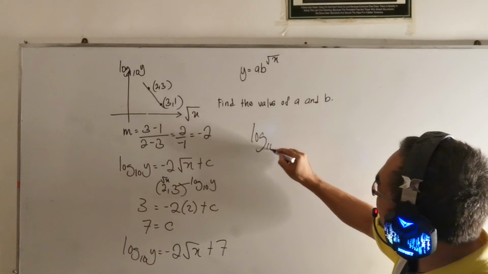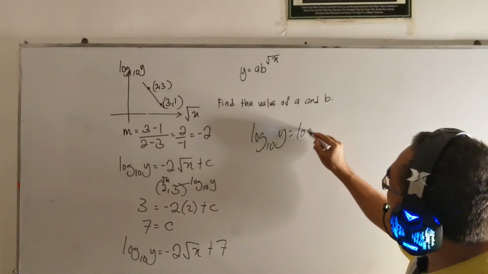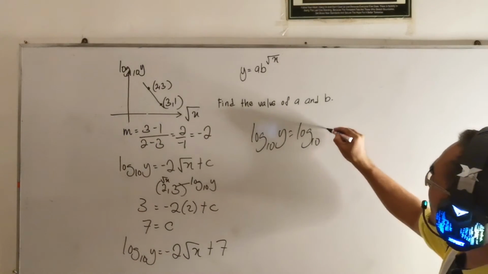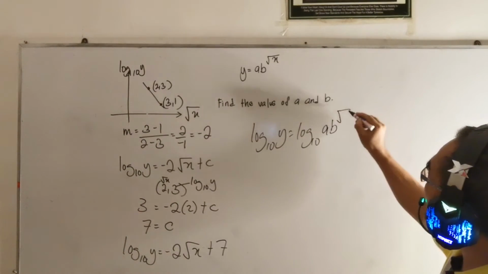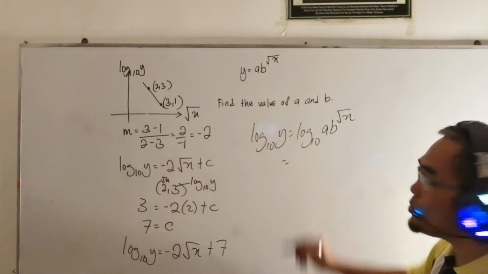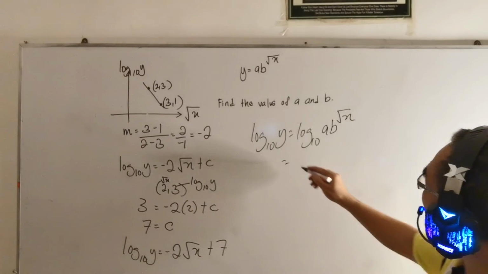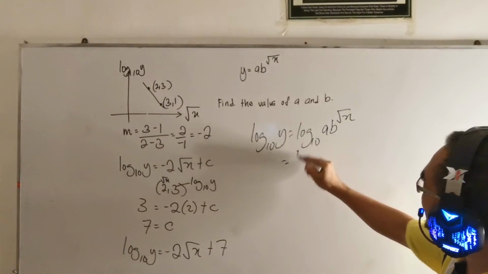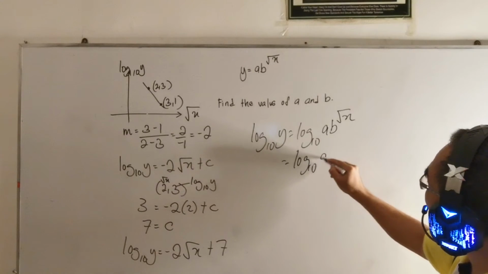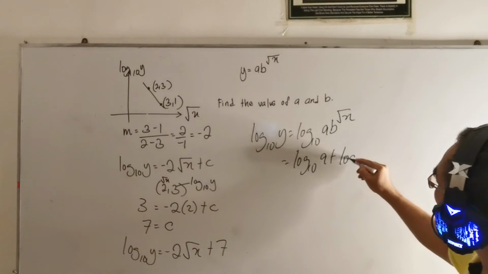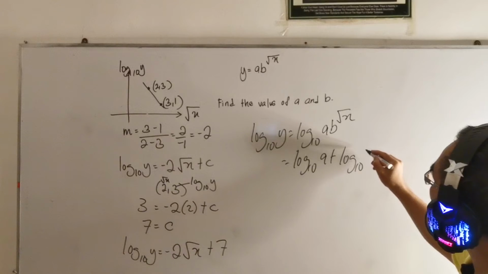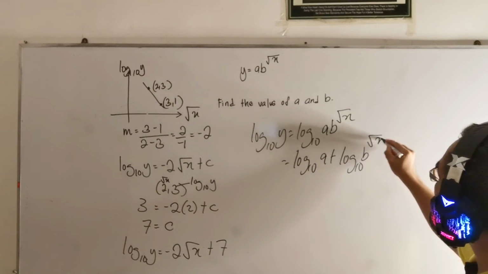So I will substitute here: log 10y equals log 10 of ab to the power of square root of x. Using all the knowledge about log, we can separate this: log 10a plus log 10 of b to the power of square root of x.